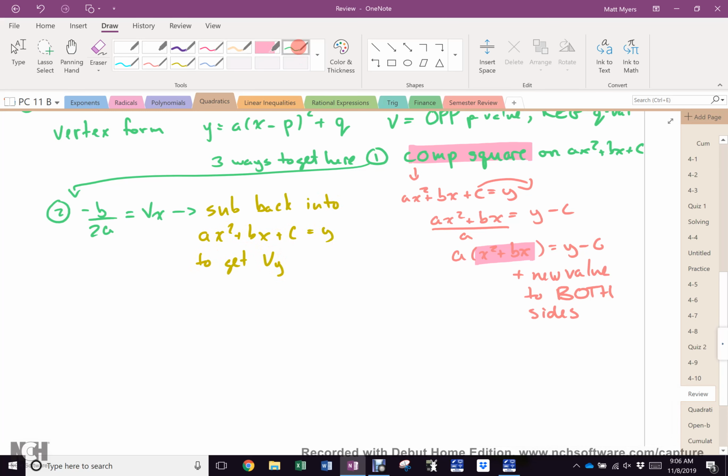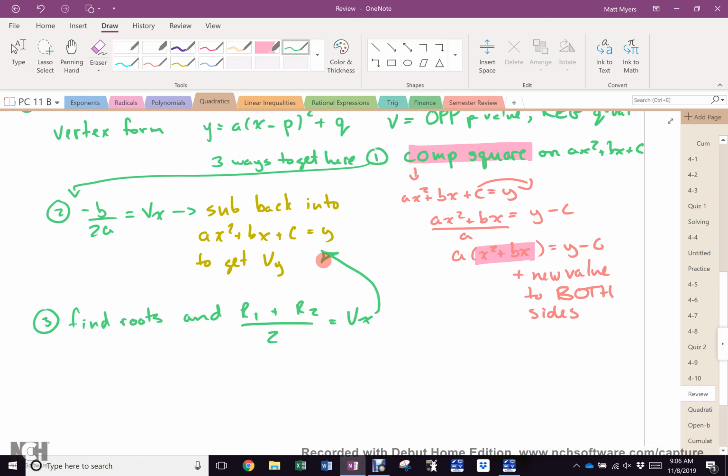What's the third way I can get it? Find the roots, and root 1 plus root 2 divided by 2 equals vertex x. And then I can go back to there. Is everybody good?